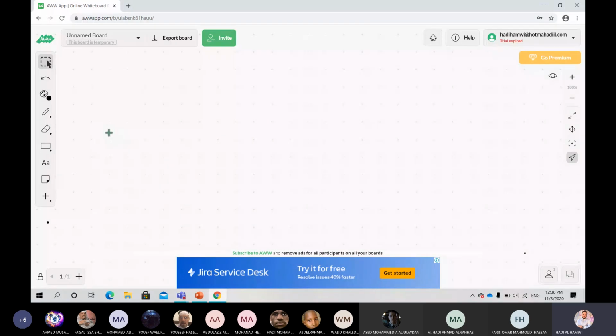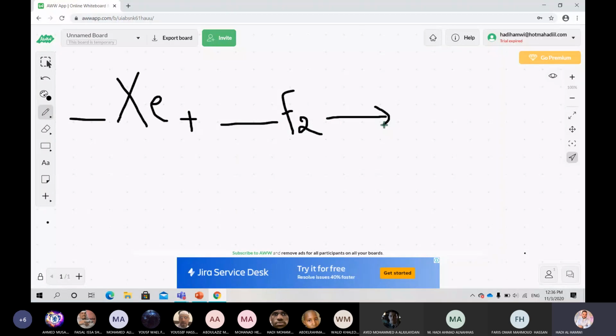Okay, we'll take an example now. For example, here we have Xe, xenon, plus F2, fluorine molecule, gives xenon fluoride, XeF6.